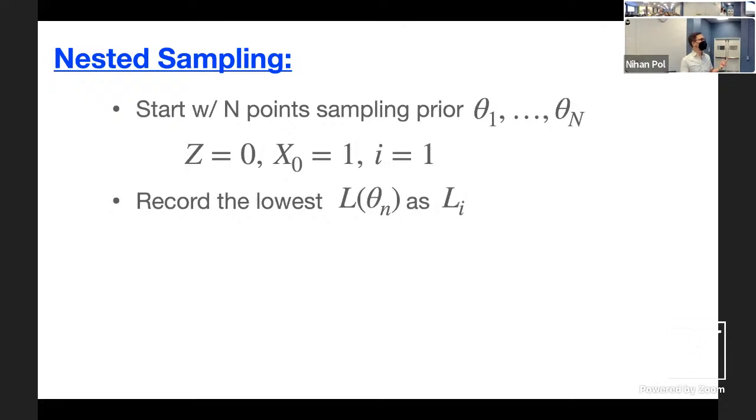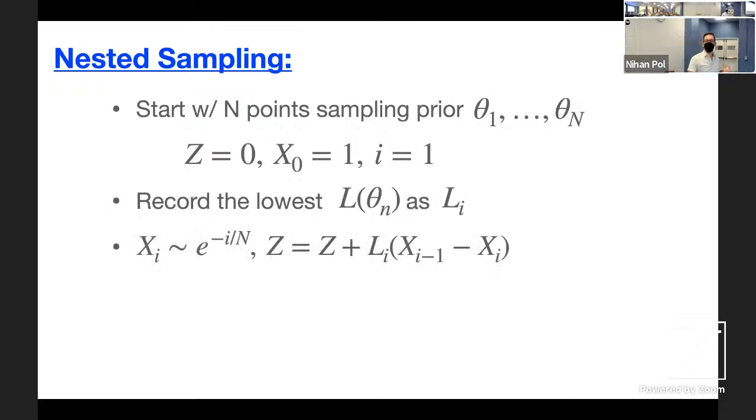Okay, then you calculate the likelihood of every single one of the points that you've sprinkled onto the prior, and you find the one that has the lowest likelihood. And you record that value as this L sub i, and you keep track of the parameters that had the lowest likelihood in your ensemble.